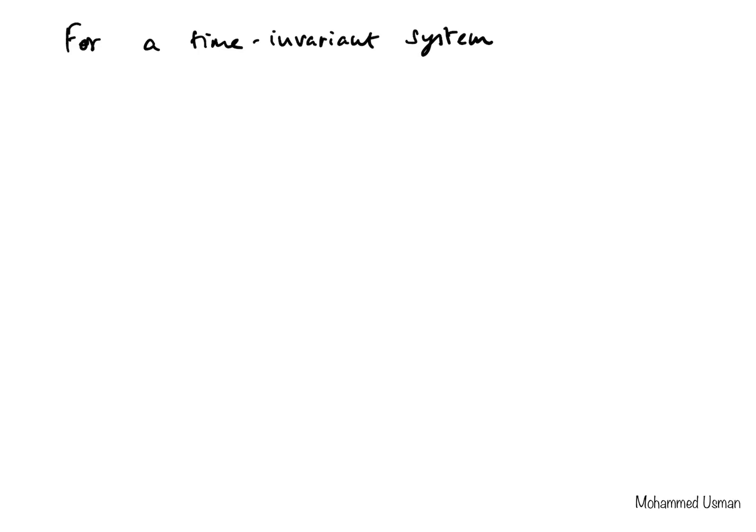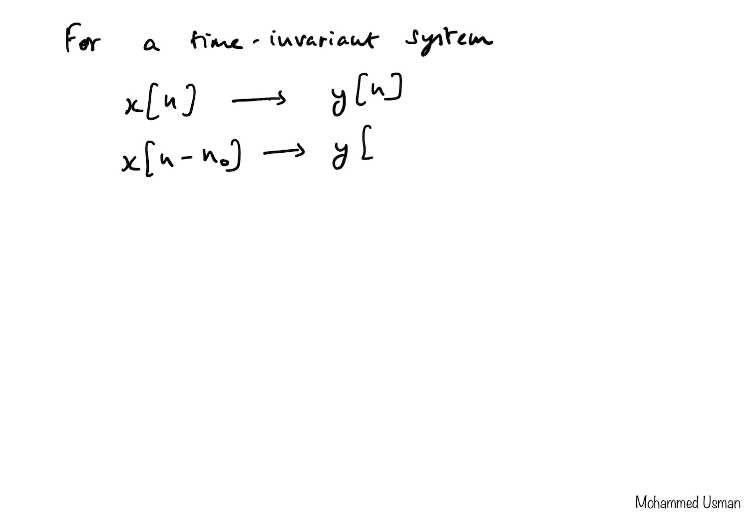If the system is time invariant, for example, if an input signal x of n produces an output signal y of n, then if the input is shifted by some amount, say n naught, to the right, the output will also be the previous output y of n shifted by the same amount. So that's going to be y of n minus n naught. If the input is shifted to the left, for example n plus n naught, then correspondingly the output will also be shifted by the same amount, y of n plus n naught.